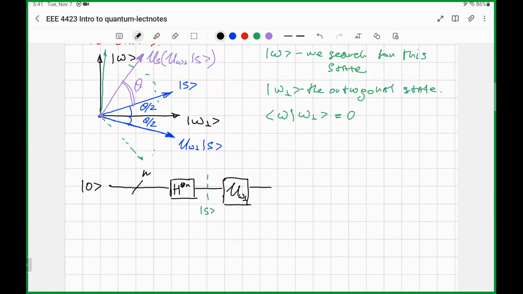And then we apply another part of the circuitry, which reflects the resulting state across the initial vector S. It's denoted by US.